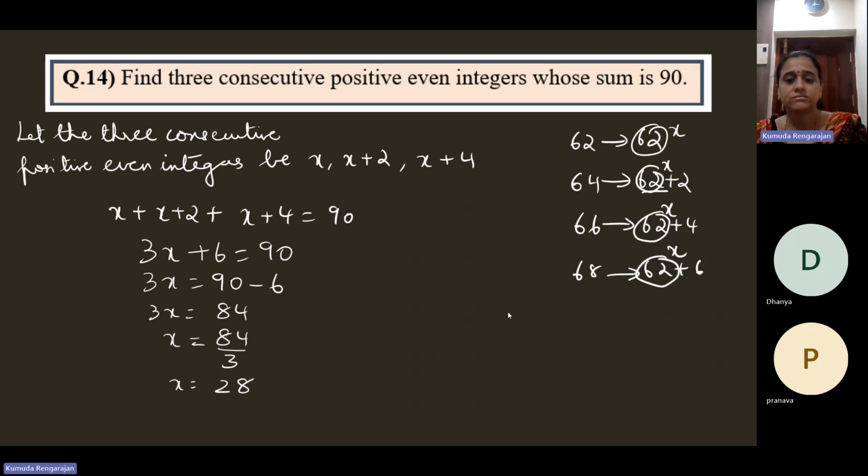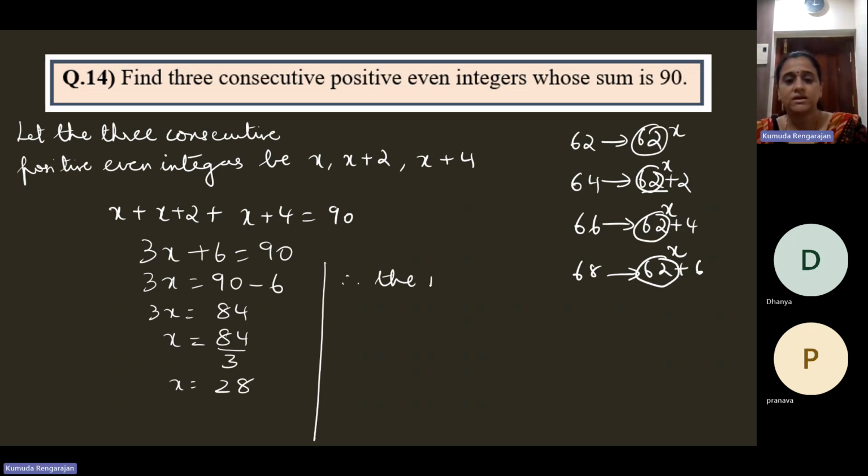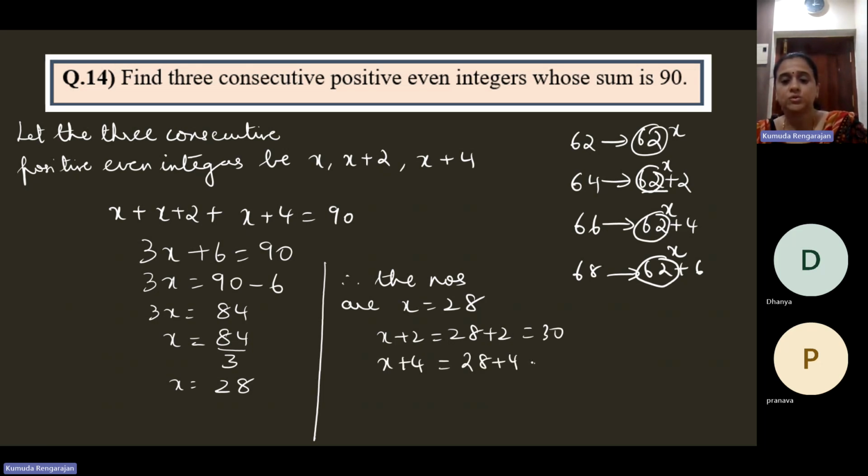Therefore, the numbers are x equal to 28, x plus 2 equal to 28 plus 2, 30, and x plus 4, 28 plus 4, 32. The numbers are 28, 30, and 32. You add 28, 30, and 32, you get 90.